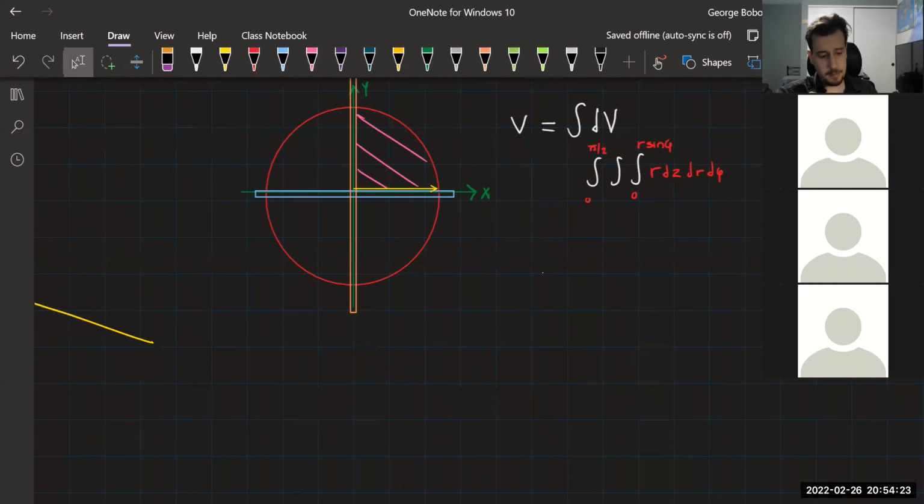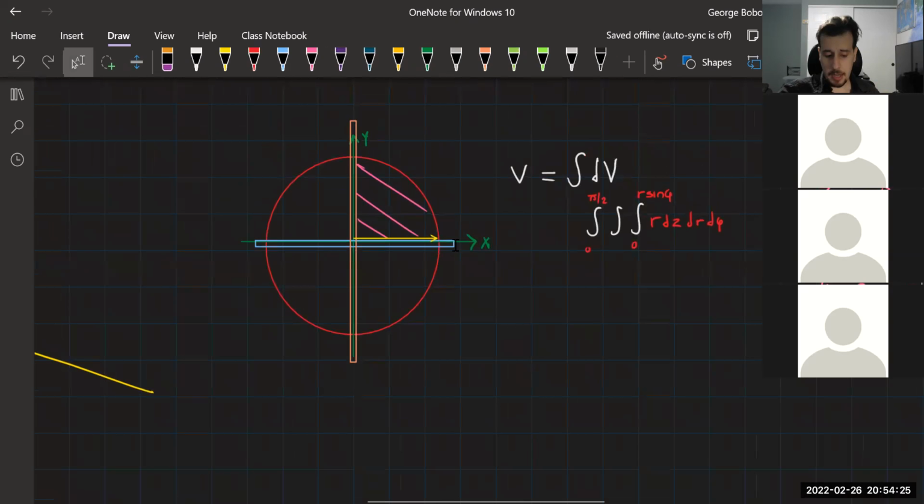Let's take a look at r again. I think now you all can tell what I need to do with it, right? r is going from 0 to the intersection with this circle. But I'm so lucky here that the circle has a very simple equation in cylindricals.